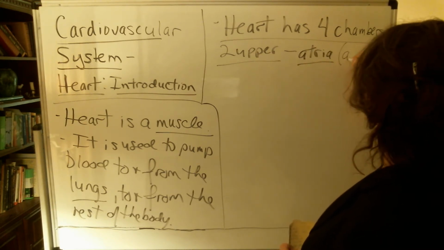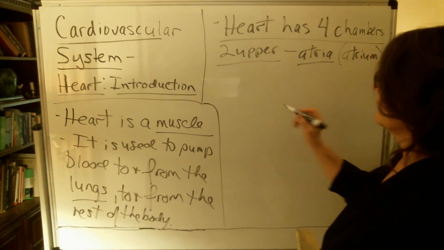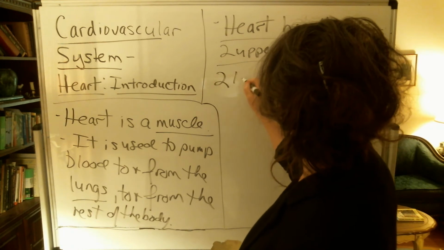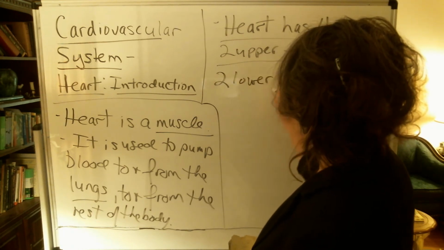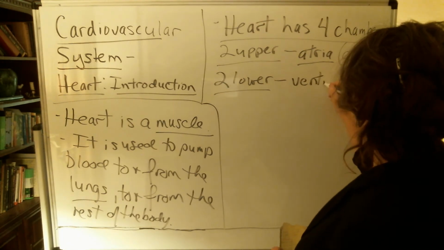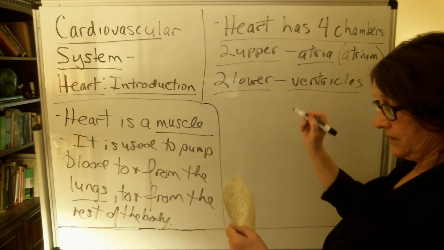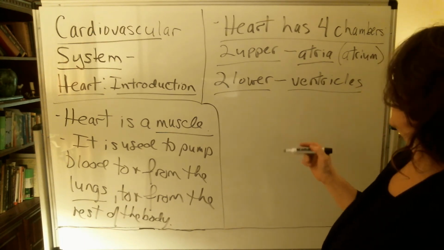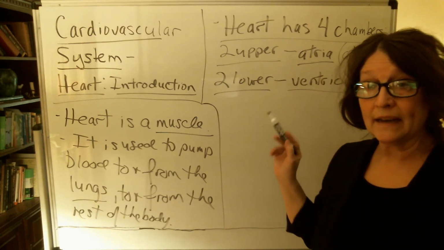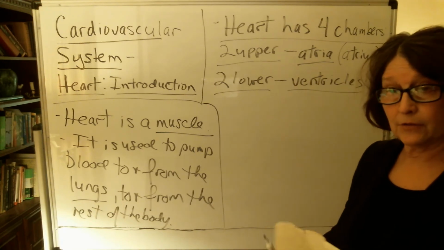The singular to that then is atrium. And then 2 lower chambers, and these are known as the ventricles. So you have the 2 upper chambers, the right and left atria, and then you have the 2 lower chambers, the right and left ventricles.